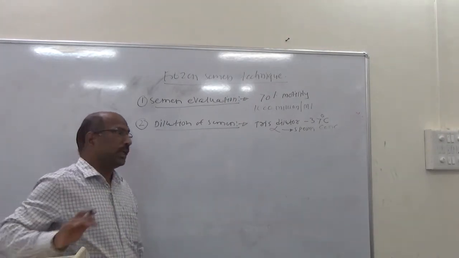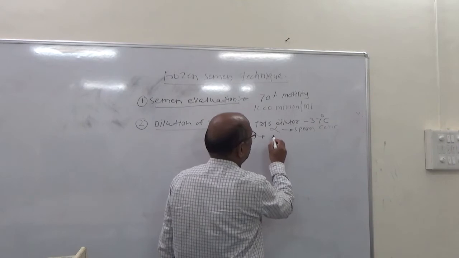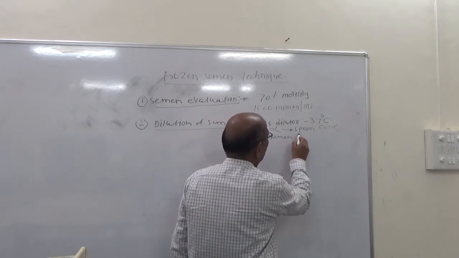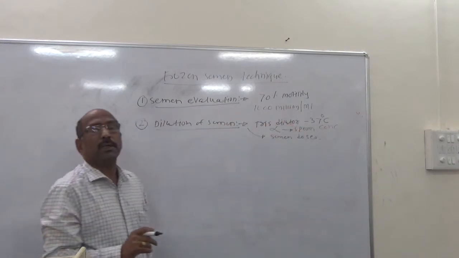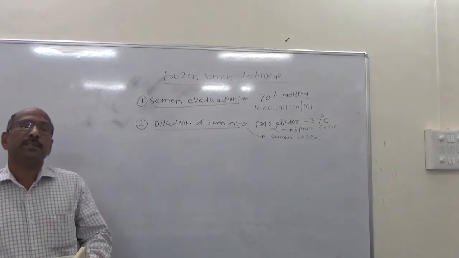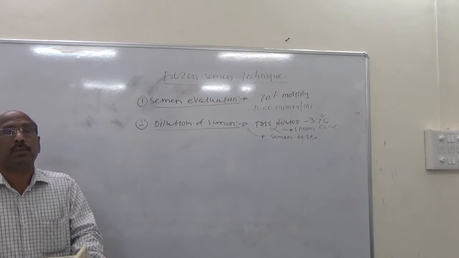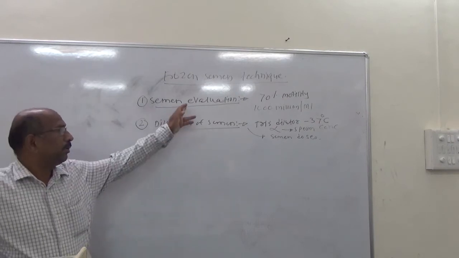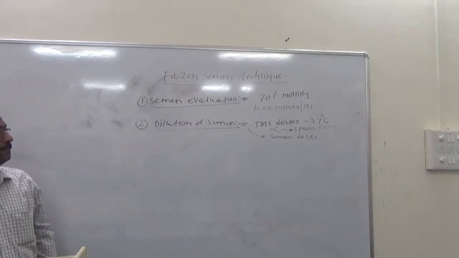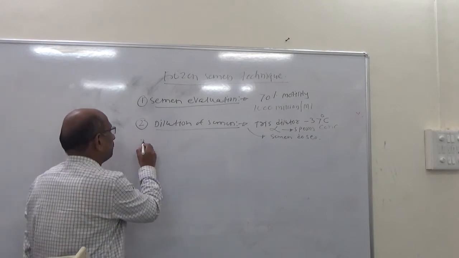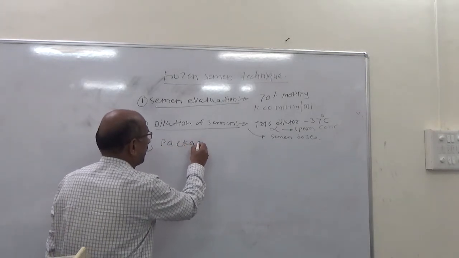After dilution at 37 degrees centigrade, the diluted semen is used for preparation of semen doses. Second, after evaluation, the semen is diluted with Tris diluter at 37 degrees centigrade.